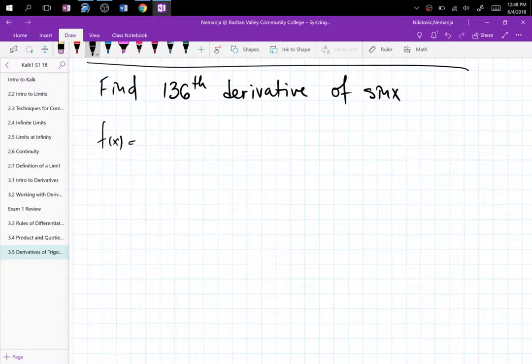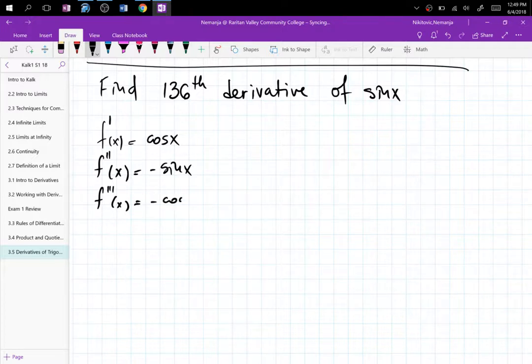So we start with that function f of x, no, f prime, sorry. First derivative is cosine x. And then the second derivative, 2 tick marks, right, is negative sine x. Then the third derivative with 3 tick marks is negative cosine x. And now for the fourth derivative, notation changes to parenthesis, and we go back to sine x.